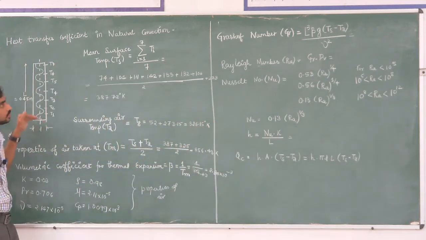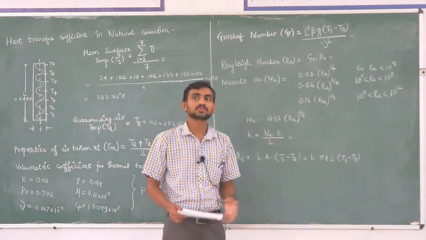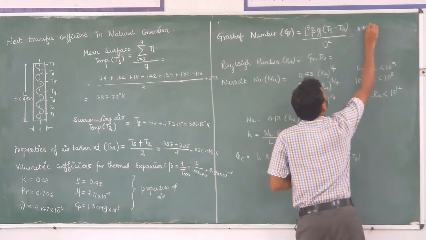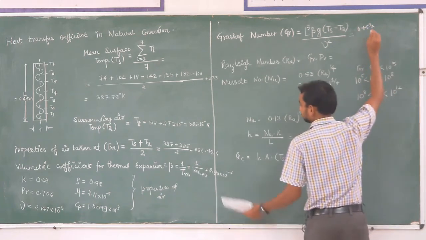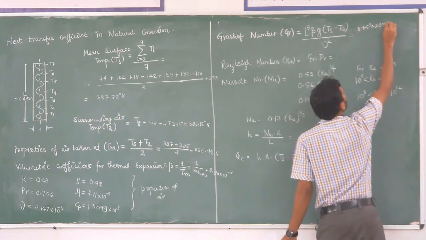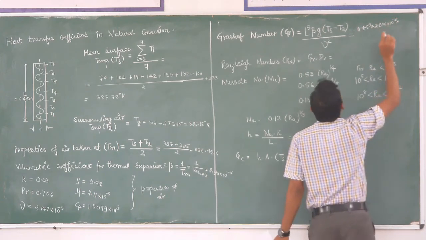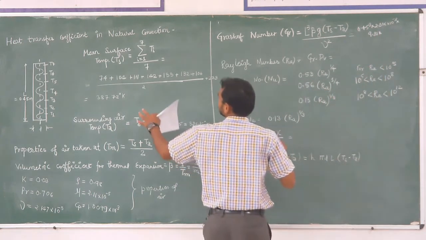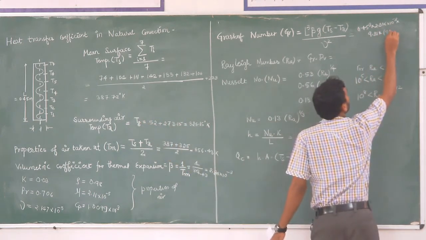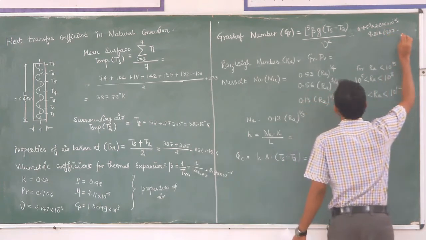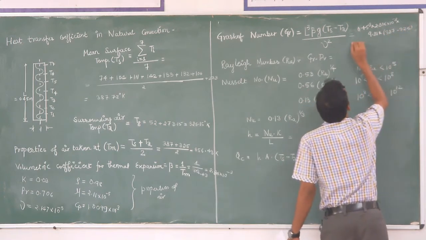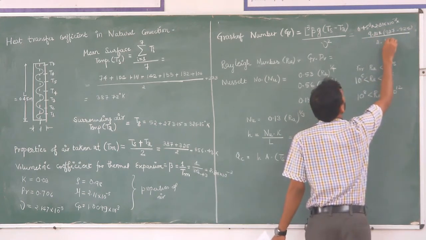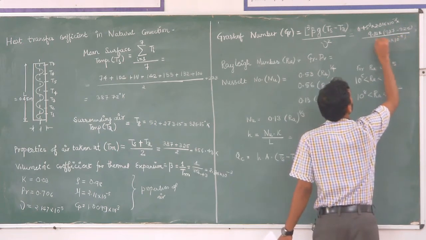So, in the present case the length is approximately 450 mm or 0.45 meter, 0.45 cube, beta is approximately 2.806 10 to the power minus 3, g is 9.81 and Ts is approximately 387, minus 325, divided by nu square, nu is 2.147 10 to the power minus 5 square.